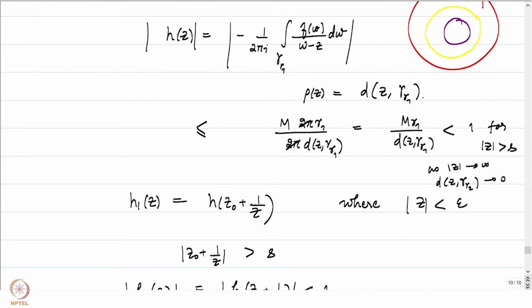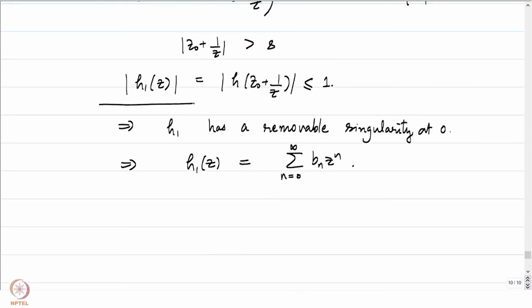This goes to infinity, and therefore 1 by this goes to 0, and therefore the absolute value of h1 of z is going to converge to 0 as the absolute value of z goes to infinity. So that effectively tells us that the absolute value of h1 of z goes to 0 as z goes to 0 in this particular case.